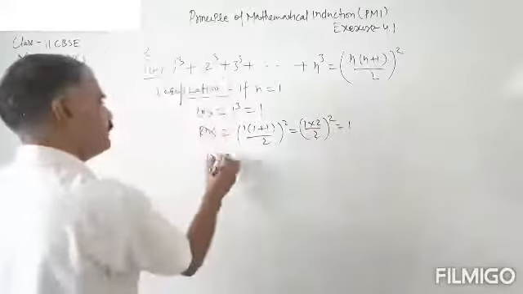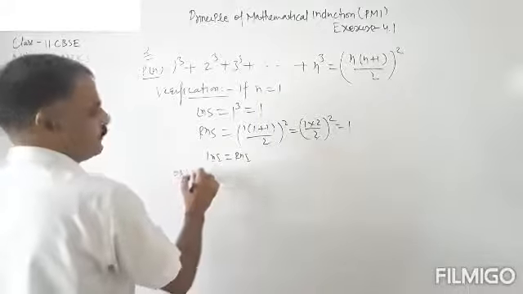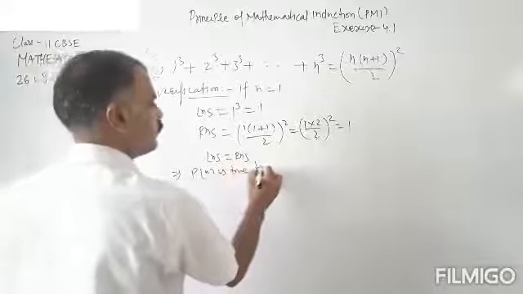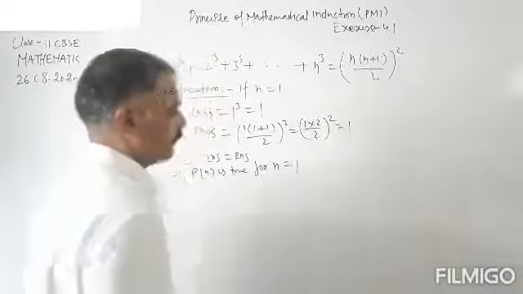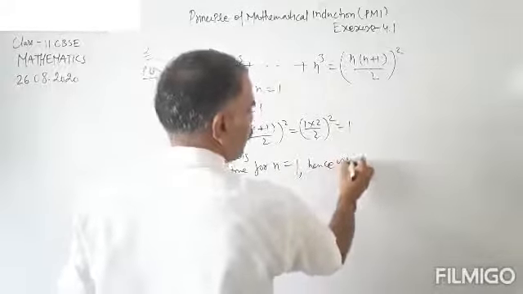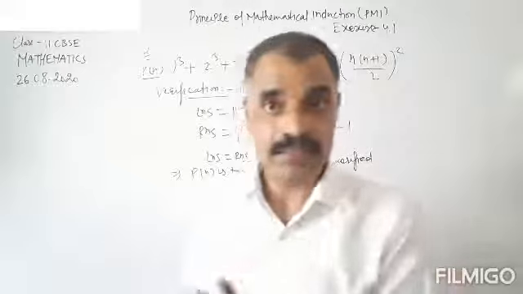Left hand side equals right hand side, which means Pn is true for n equals 1. Hence verified. So the statement is verified.